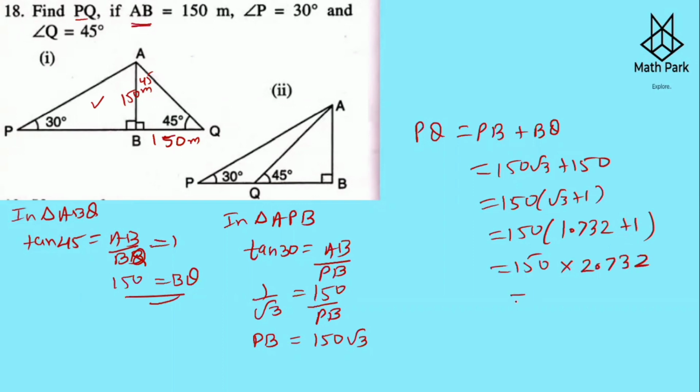Let us do 150 multiplied by 2.732. You get 409.8, sorry, it is meters. So you get the length of PQ as 409.8 meters.